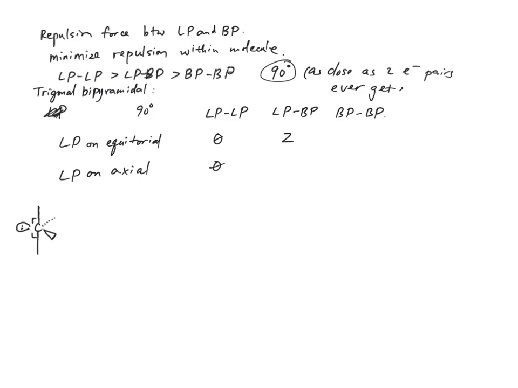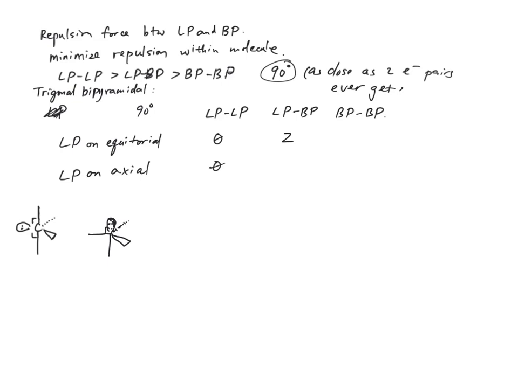Okay, what if this is on axial? You can see that if you have that lone pair, this is our lone pair, on the axial position, this is 90 degrees. This is also 90 degrees to this dotted bonding pair.